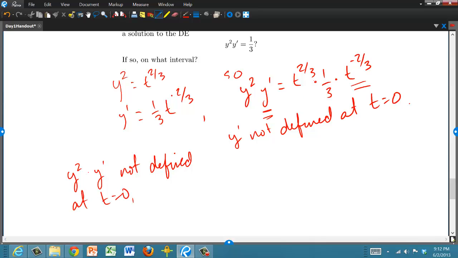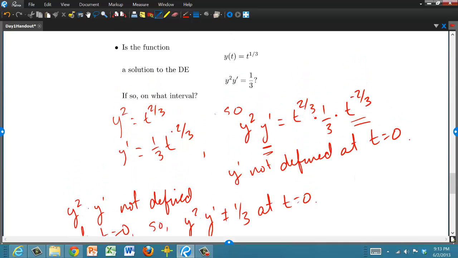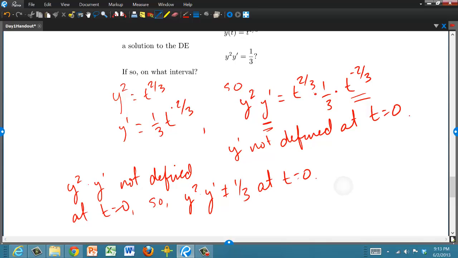Now the function that is constantly 1/3 is certainly defined at time t equals 0. And so y squared times y prime is not 1/3 at t equals 0. So t to the 1/3 is certainly a solution to the differential equation on some intervals, but it's not a solution on any interval that includes time 0.